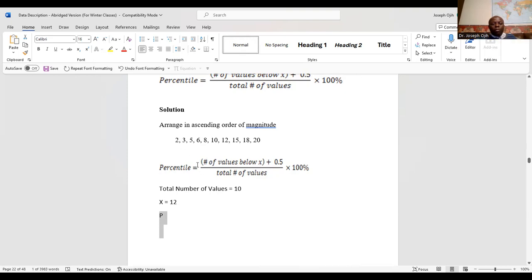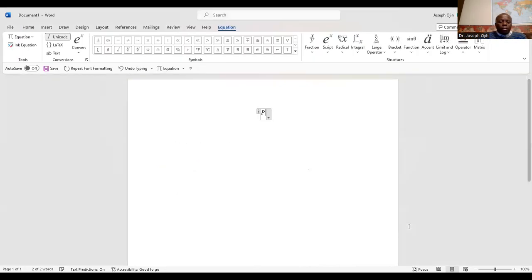So percentile equals number of values below 12.